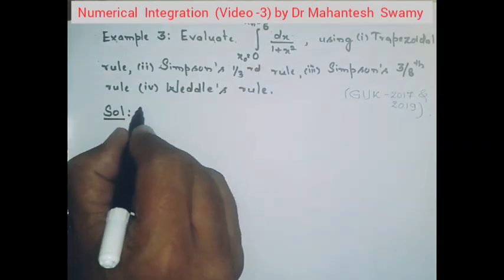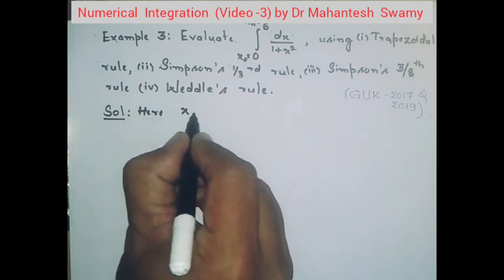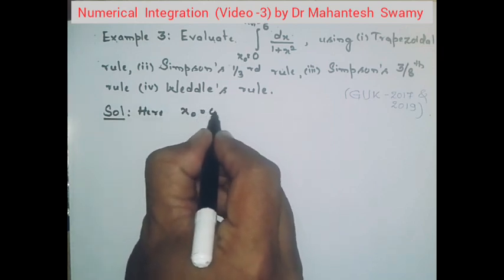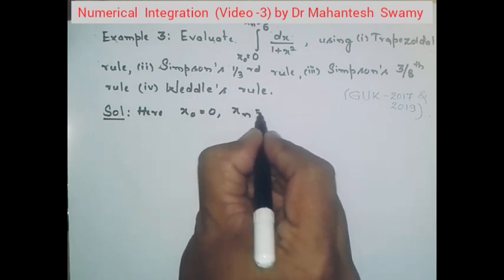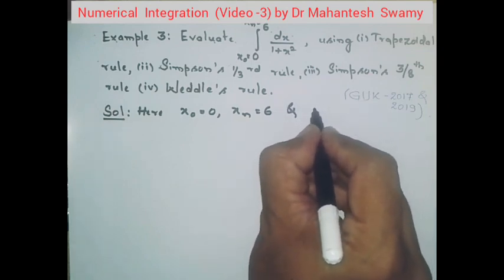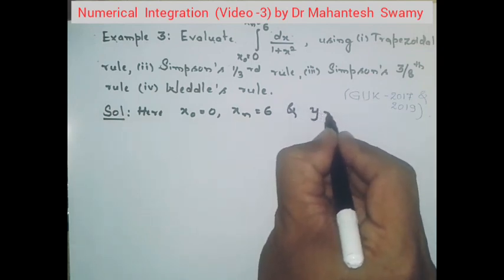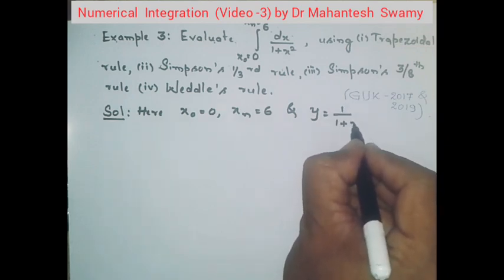So let us write down the things. Here x0 is 0, xn is 6 and y is 1 divided by 1 plus x square.